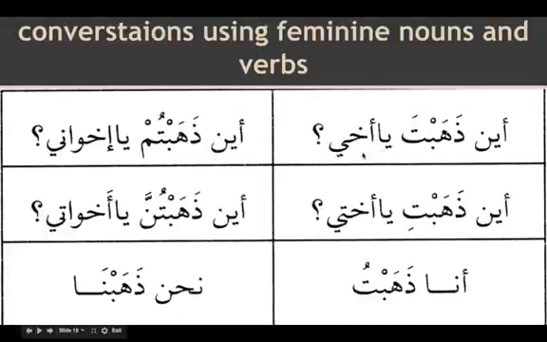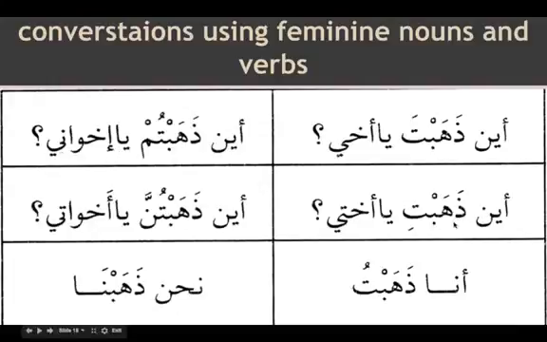So this is how we use it in a different situation. أين ذهبت يا أخي. Where did you go, oh my brother, if it is one person. If it is plural, jam'u, we say أين ذهبتم. أين ذهبتم يا إخواني, oh my brothers.